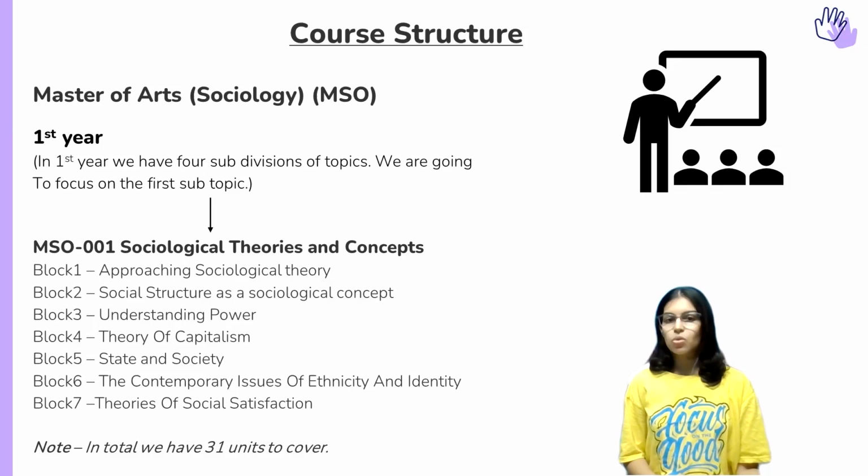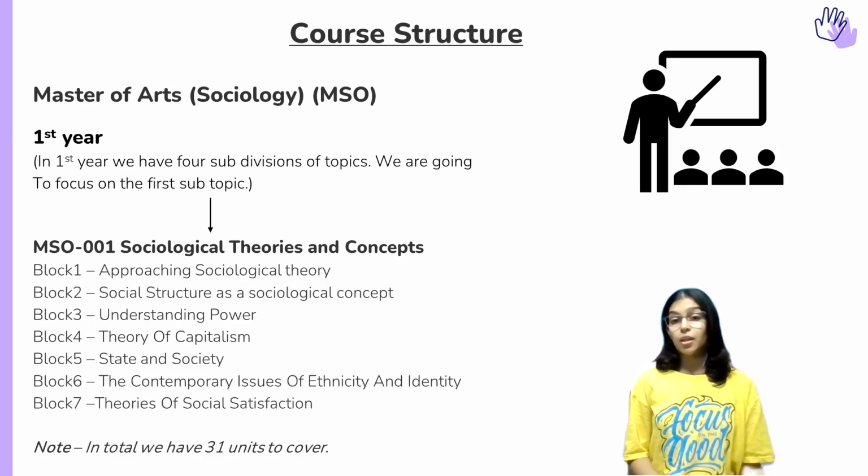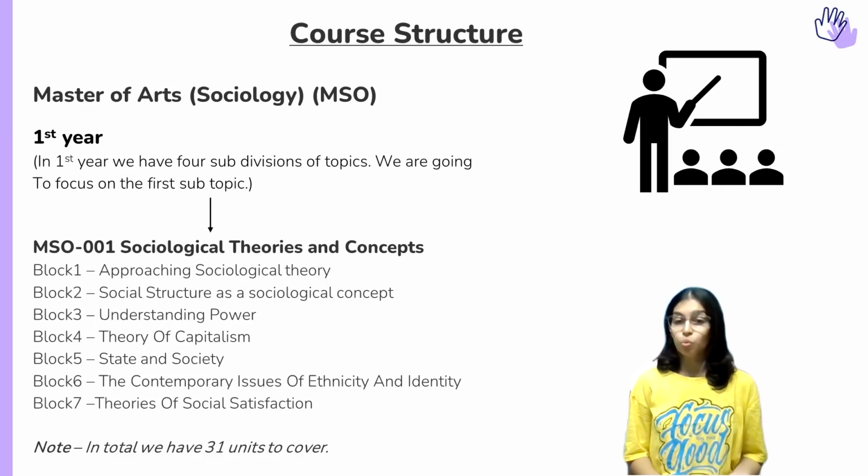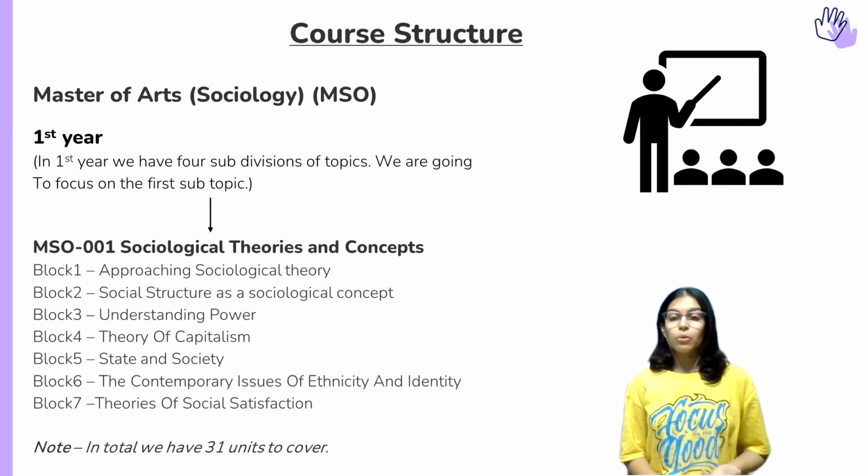Then, contemporary issues of ethnicity and identity. These are basically all the topics that we also see coming up in the news. So if you want to know about the background of these topics, this subject plays a very vital role in that. Then theories of social satisfaction, all of these things.